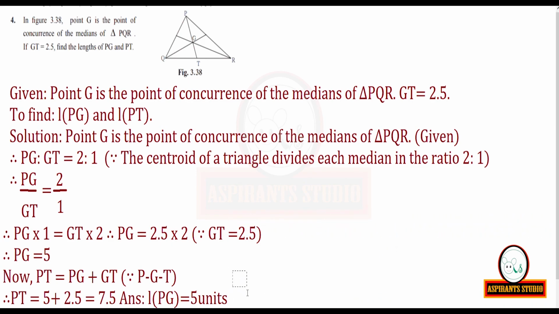L of PG means length of PG; the short form for length of PG is written as L of PG. So length of PG is equal to 5 units and length of PT is equal to 7.5 units.